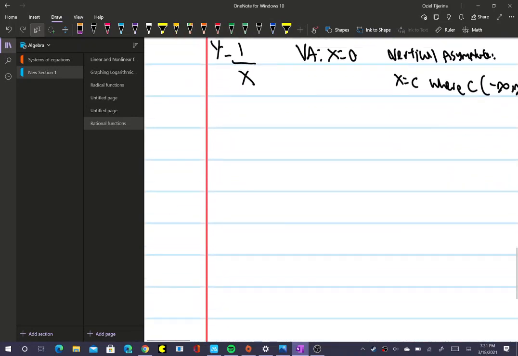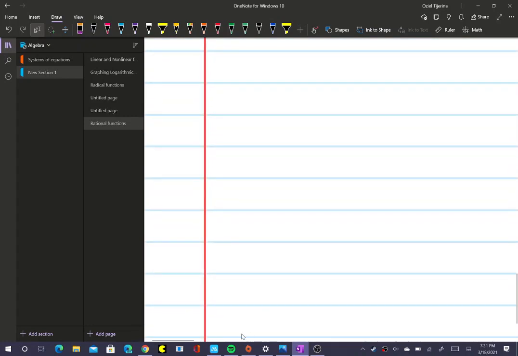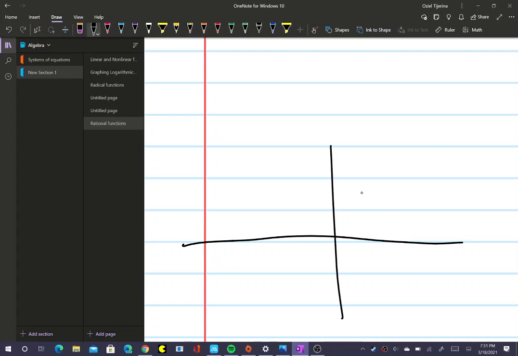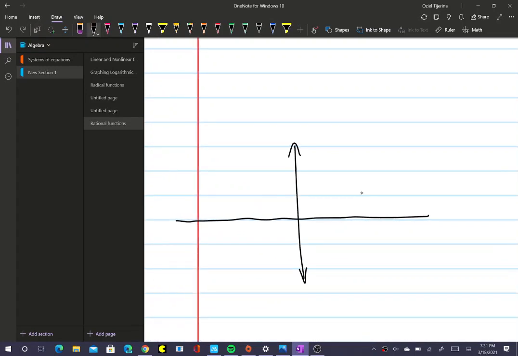We're going to go over a few examples. Let me try to sketch a rational function very quickly. I want you to pause the video if you can and figure out what the horizontal asymptote is and what the vertical asymptote is.